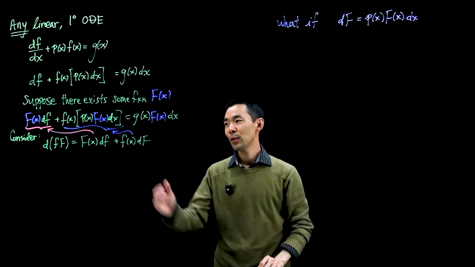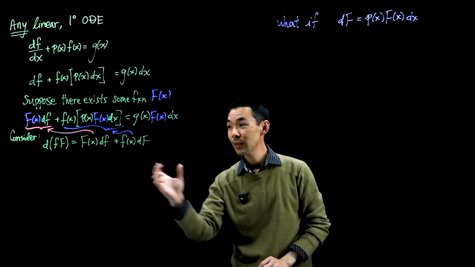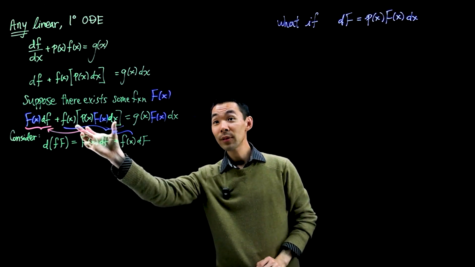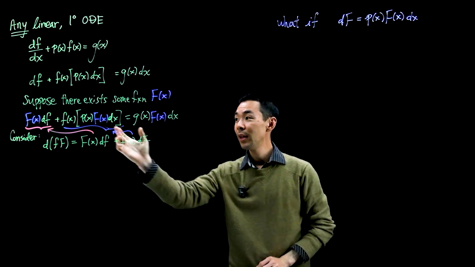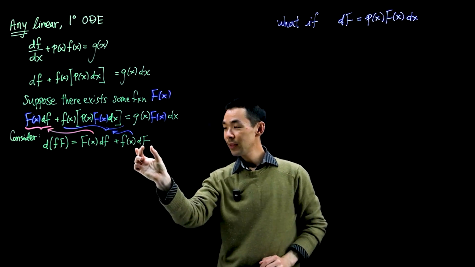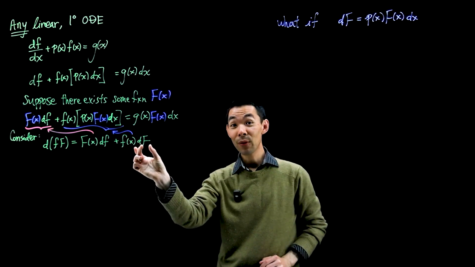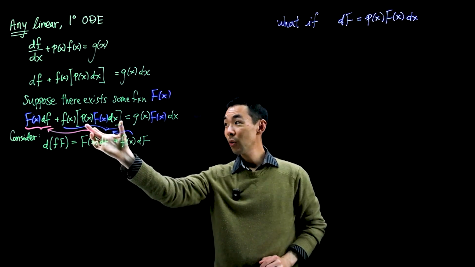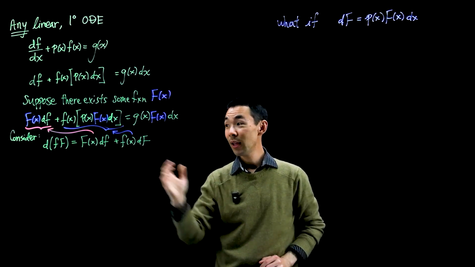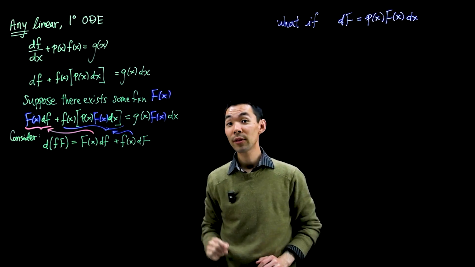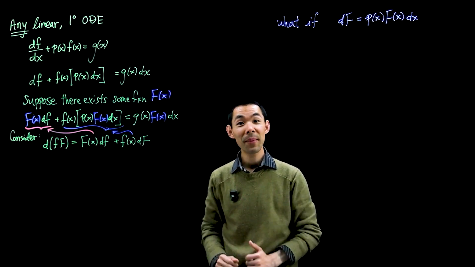Okay, so we're matching like terms. This second term almost looks like this term from above. If this increment dF is equal to the term inside the bracket, then these two equations are matched. The terms are matched.